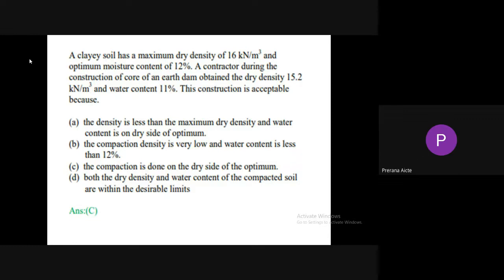This construction is acceptable because the compaction is done on the dry side of the optimum, because it is an earth dam. The clay soil has a maximum density of 16 and optimum moisture content of 12%, but the placement water content will be different.